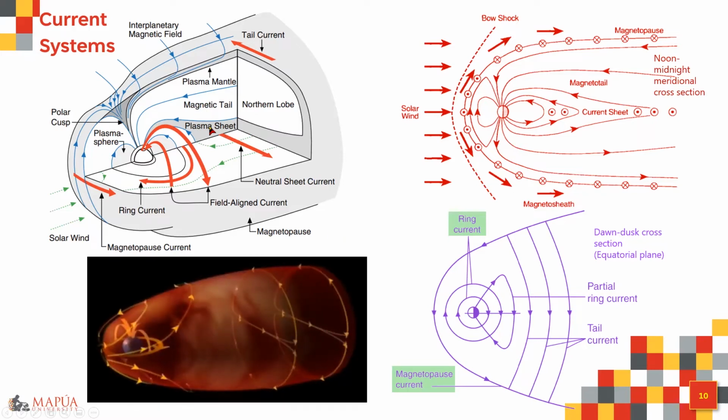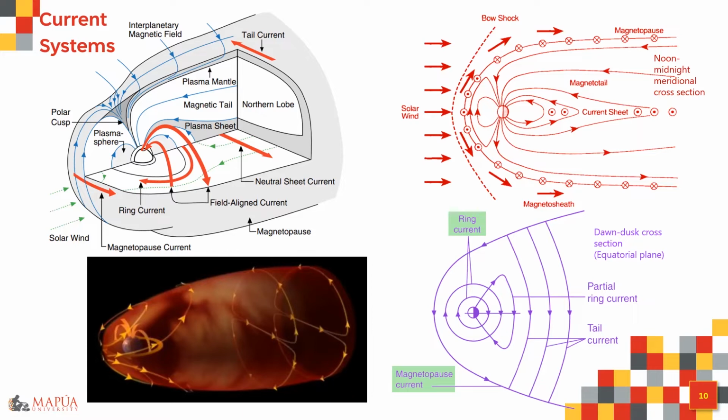Of course, you have your neutral sheet currents and your tail currents. The ring current and magnetopause current are two of the current systems that affect the equatorial region of your magnetosphere.